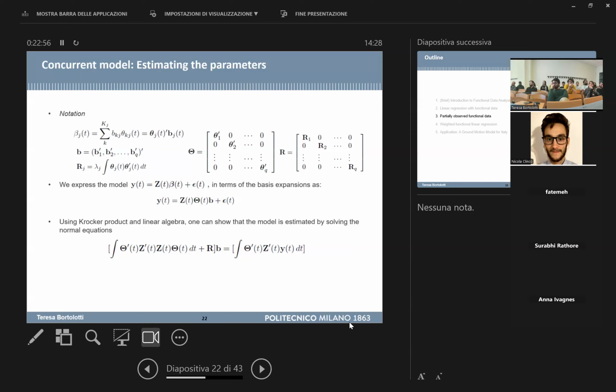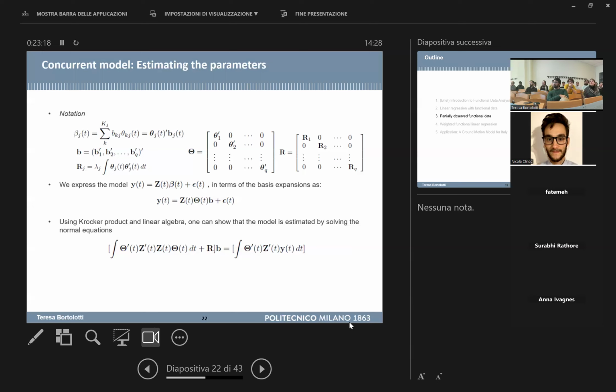Okay, once you do this basis expansion, the model that we saw before can be expressed in this way, where your only unknown quantities are contained in this vector B. And then by using basic properties of the Kronecker product and linear algebra, you find out that B can be found by solving this equation.